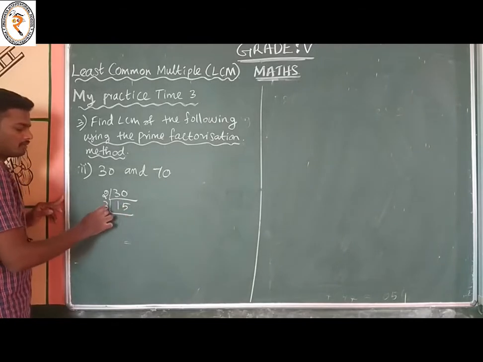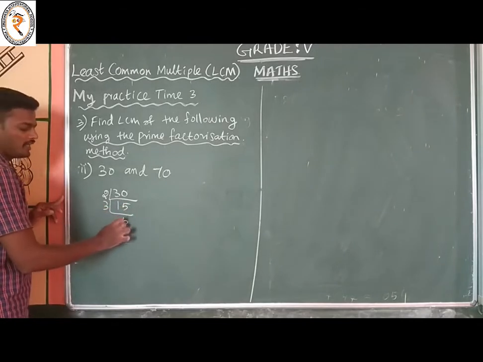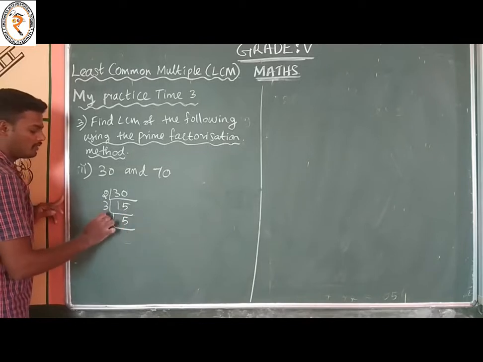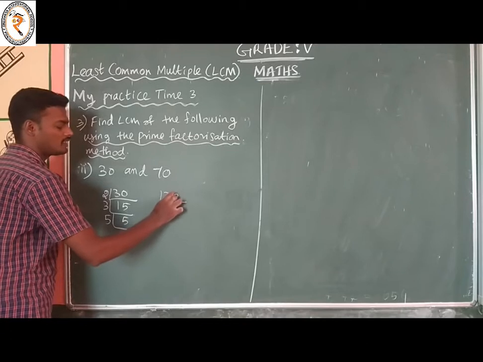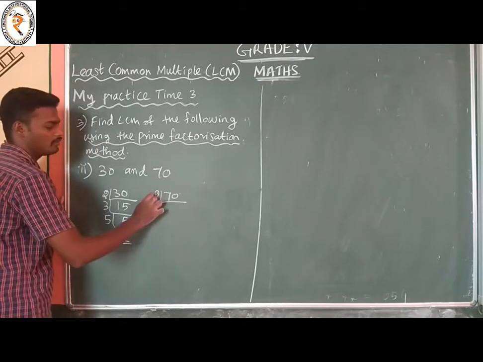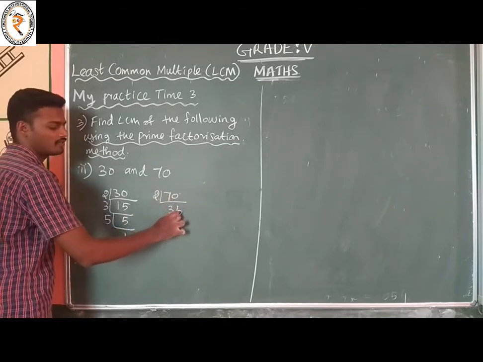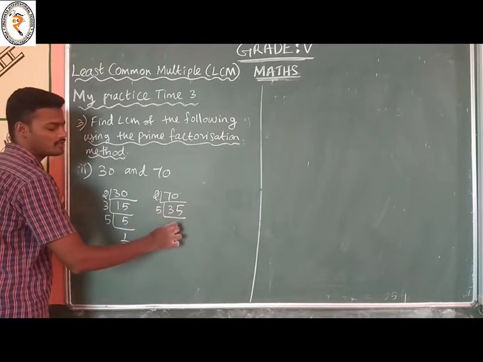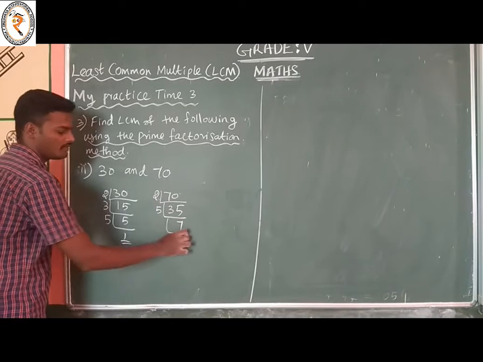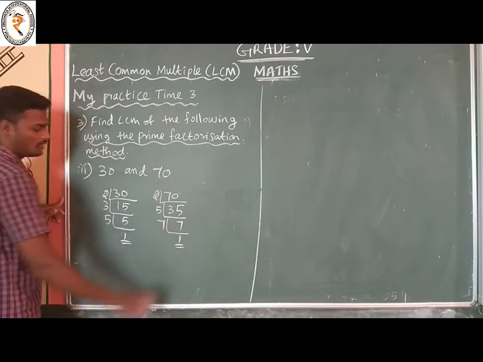In the third table 15 comes 5 times. In the fifth table 5 comes 1 time. And 70 is an even number, so in the second table 70 comes 35 times. In the fifth table 35 comes 7 times. In the seventh table 7 comes 1 time.